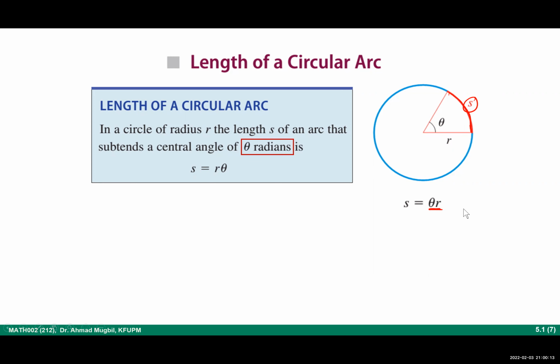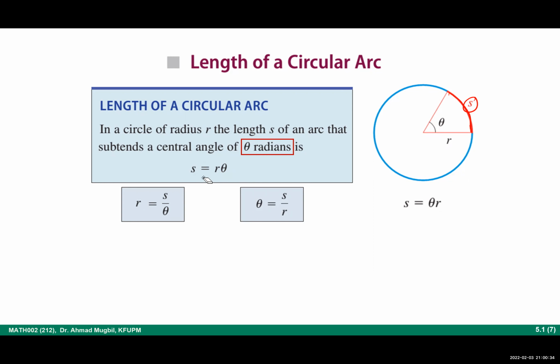Theta is in radians. Of course, this is what we use to define radians. Whenever you have this relation, theta is in radians, not in degrees. The arc length will be just the radius multiplied by theta. You can, of course, from this find r by dividing by theta. You can find theta by dividing by r.